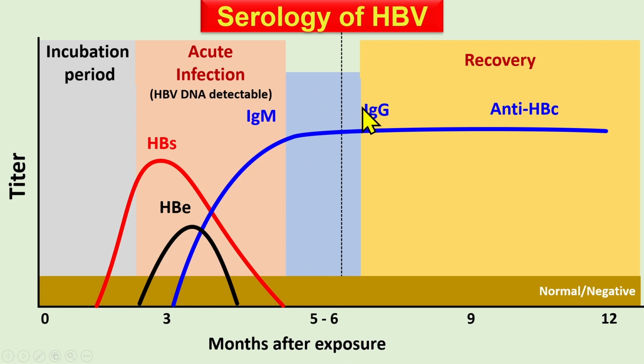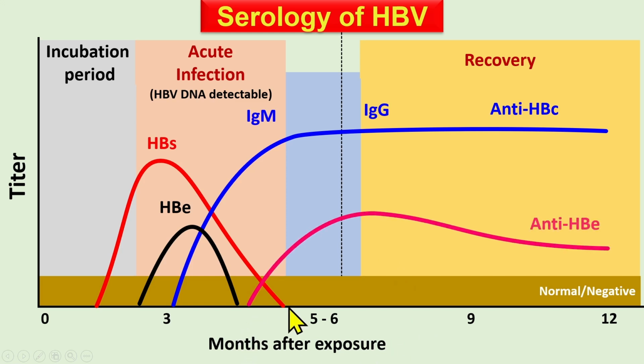After that, either it's going to recover or going to become chronic. So if you look at here, this is what this is, and now anti-HBs. So first of all, the antigen is represented, then the antigen goes down, the antibodies go up. So HBsAg is coming up, coming down, then the antibodies coming up, and here it is.